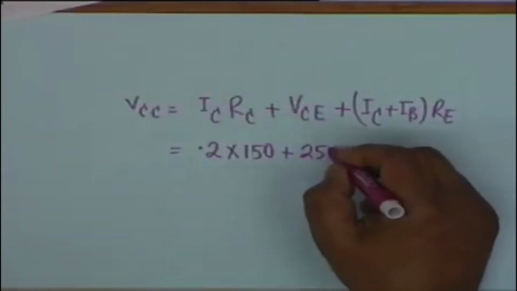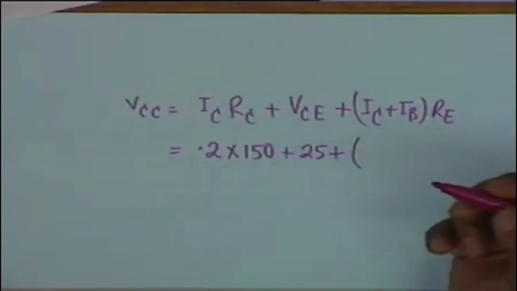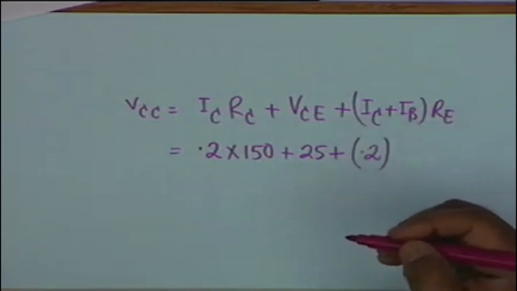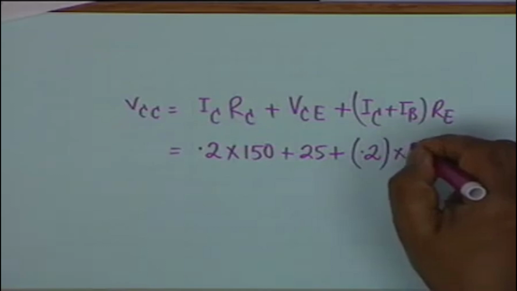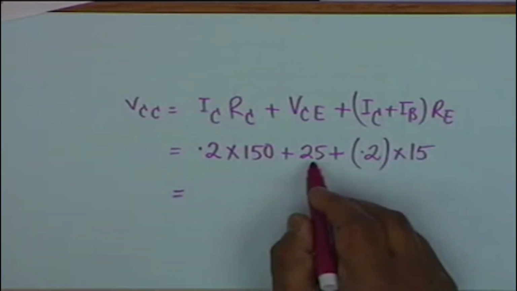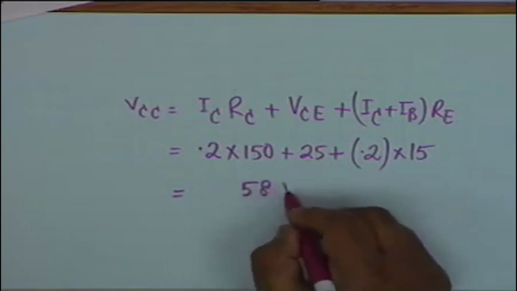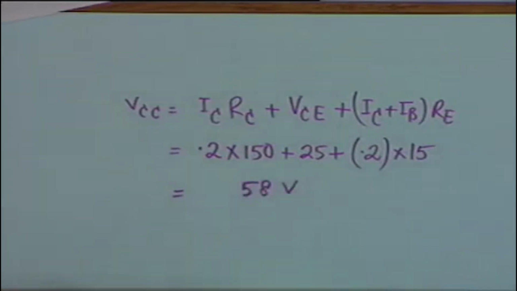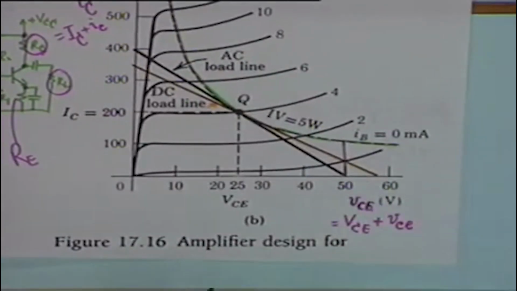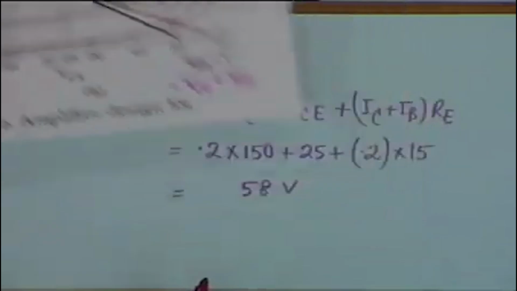So 25 plus I sub C plus I sub B, well, take it as 0.2 multiplied by RE, which is 15 ohms. So how much is this? This is 58 volts. Well, that's what the diagram also gave you. 58 volts, approximately 58.